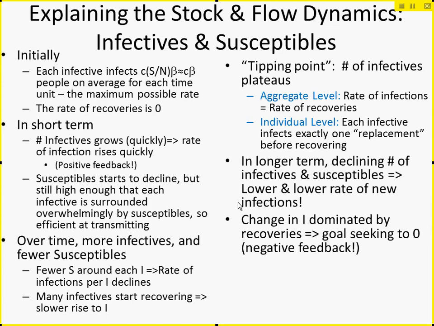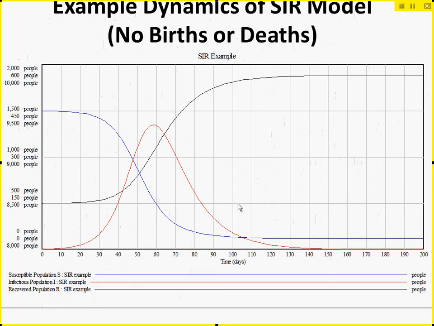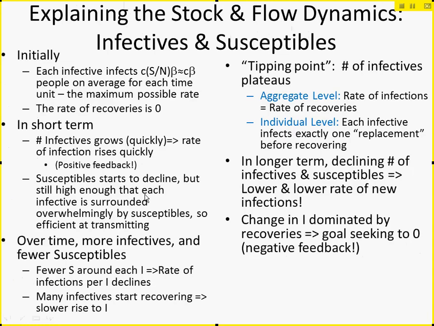Well, it stops growing exponentially. This is initial exponential growth, but that starts to be tapered. Why? Well, there's fewer and fewer susceptibles around. So they're still spreading the infection, but they're spreading it less efficiently.